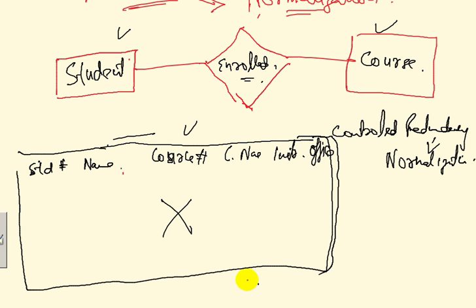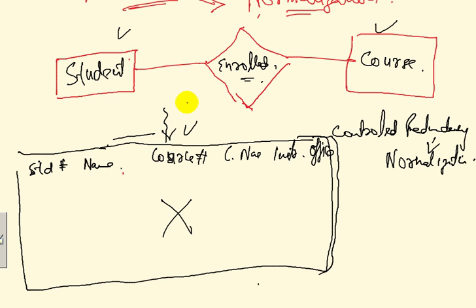So let's go to the note with this info. What I am saying here is basically that if you have a student enrolled in a course like this, and you have an intuition that we will put everything in a big table, then it will save a lot of things. We do not have to repeat things and all, but it's not like that. It is having problems, so we have to split.